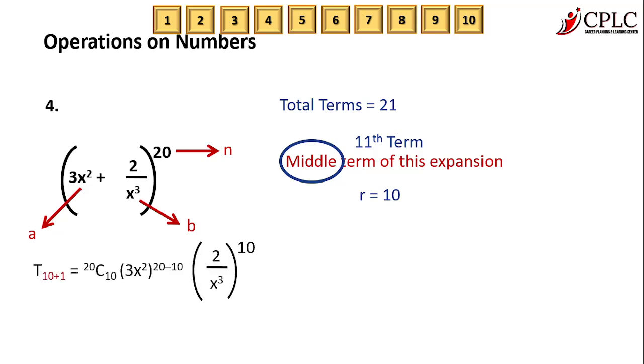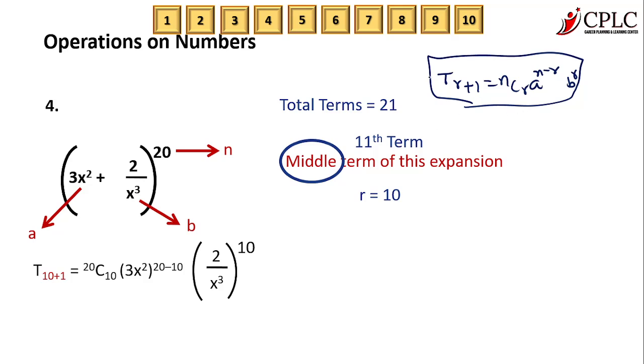The formula for T(r+1) is nCr a raised to n minus r and b raised to r. So you know everything. Look at this formula and then look at the substitution part here. All we have to do is restructure.